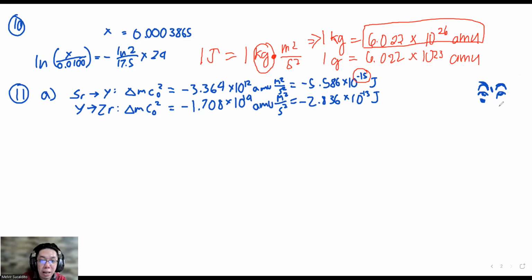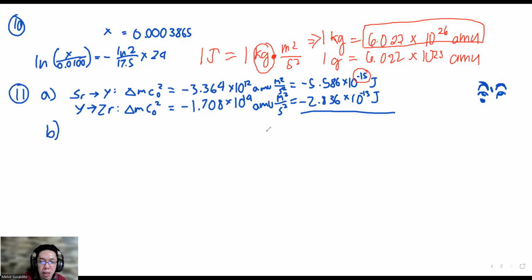So we're done with letter A. Now, what is the total energy produced? Total it first, since it goes from strontium to zirconium. The negative sign means it's exothermic, being released into the environment.